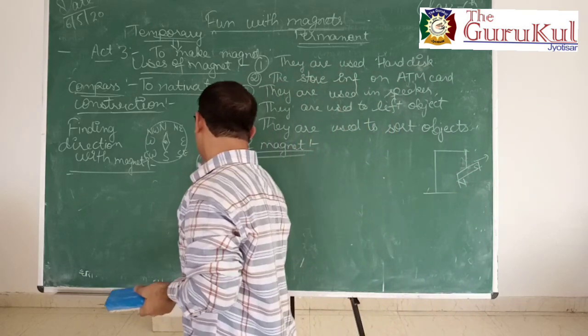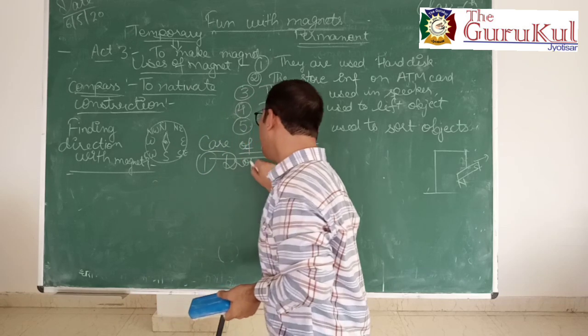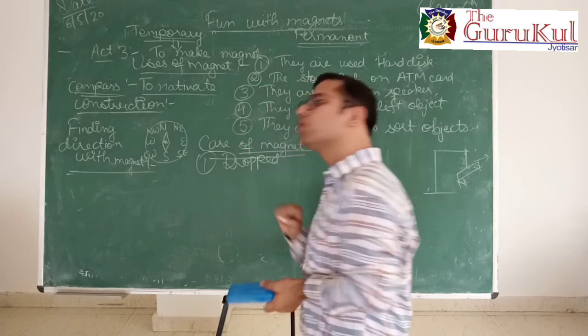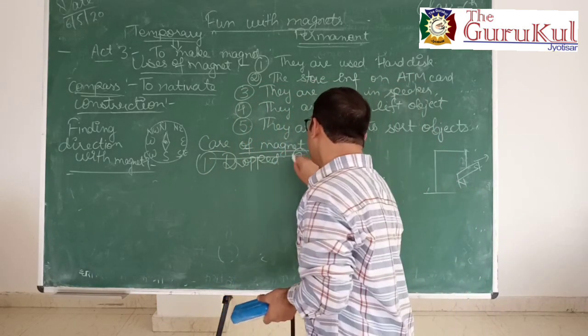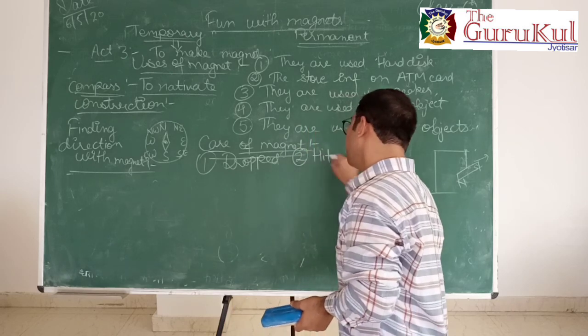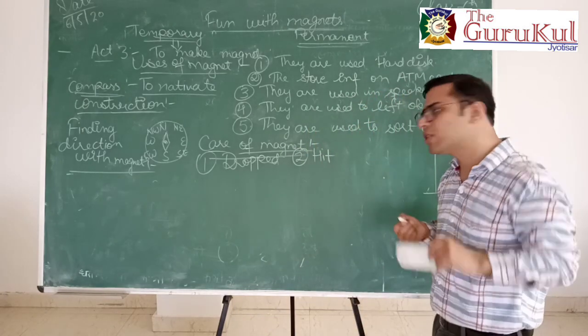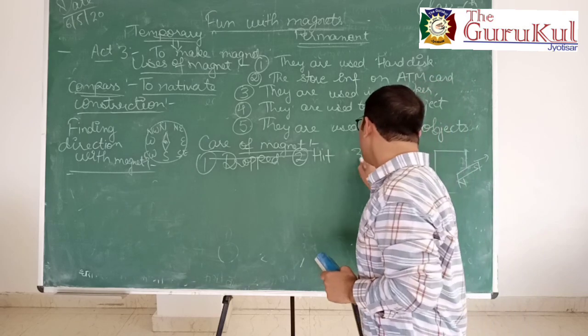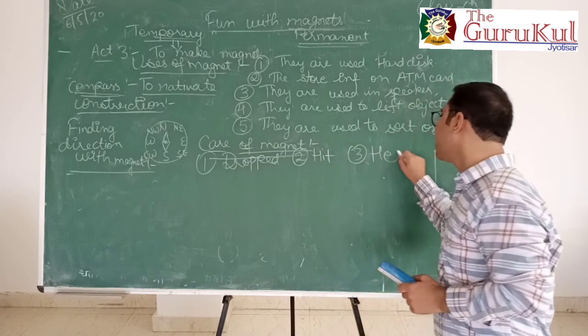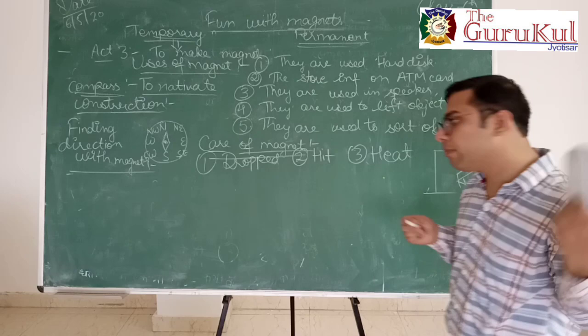If you drop the magnet from a height, then the magnet can lose its magnetism. If you hit the magnet with a hammer, then the magnet will lose its magnetism. If you heat the magnet, then the magnetic property of the magnet can be lost.